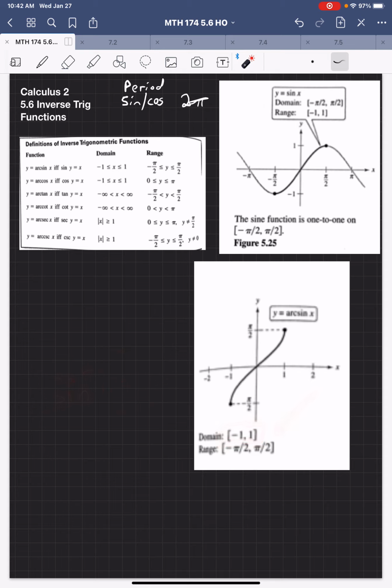So eventually we're going to practice a little bit just to make sure we understand the inverse of these trig functions. In your pre-calculus course, whether you had me or someone else, hopefully they went into great detail about inverse trig functions.